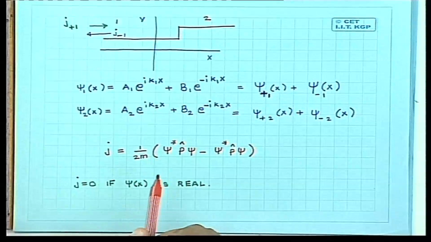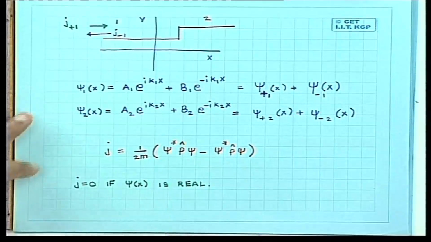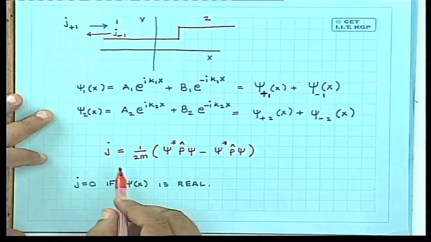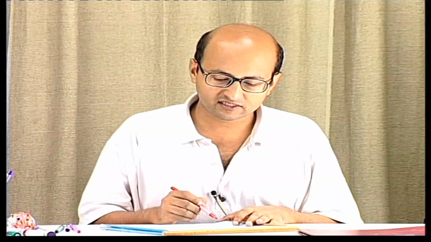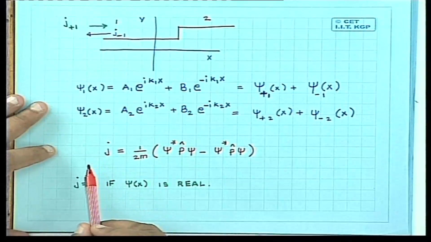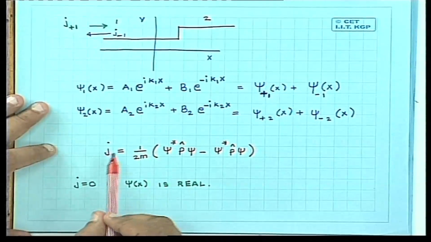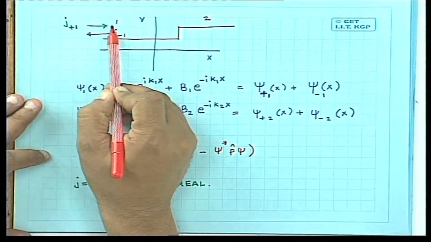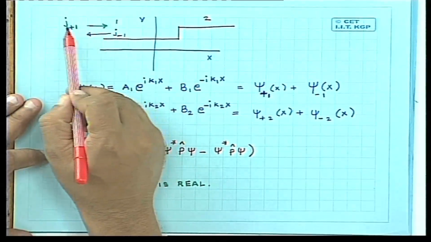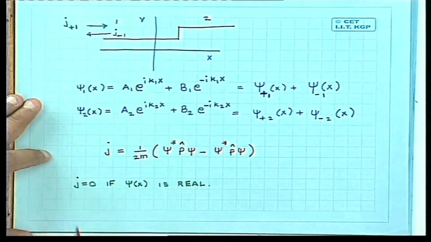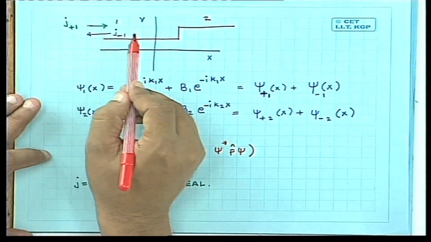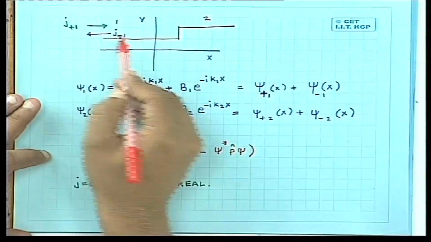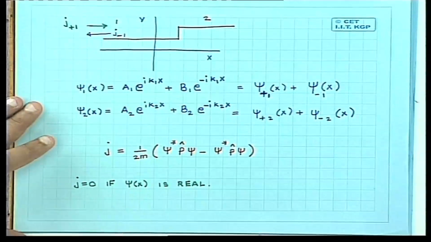Now, the next thing we were considering in the last class was the probability current. The probability current tells us the rate at which the probability is flowing. So in a situation where we have particles incident from, let us say, the left hand side like this, and we have something getting transmitted, something getting reflected.